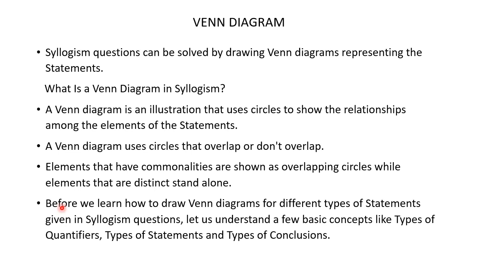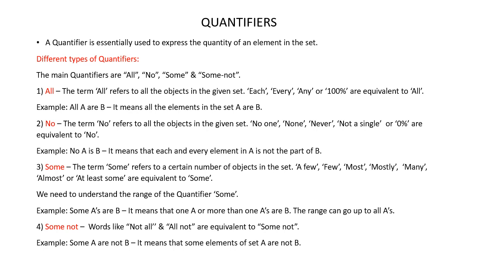Before we learn how to draw Venn diagrams for different types of statements given in syllogism questions, let's understand a few basic concepts like types of quantifiers, types of statements, and types of conclusions. What is a quantifier?